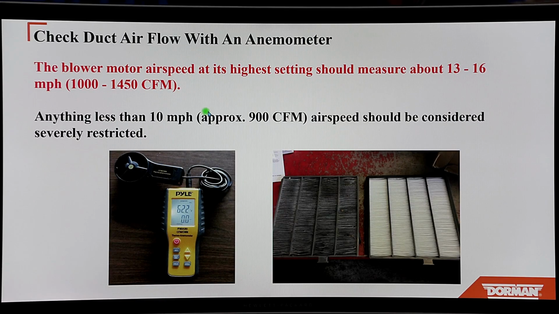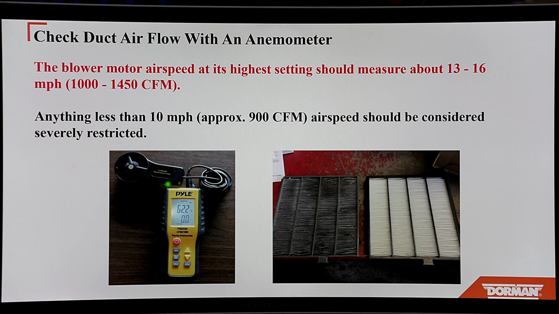The blower speed at its highest setting should measure about 13 to 16 miles an hour, or 1,000 to 1,450 RPMs. This tool is about 80 bucks. You hold this thing near the center duct or the duct to the right, and it will give you the airspeed and the temperature. Your left side duct on the driver's side will be a few degrees warmer.